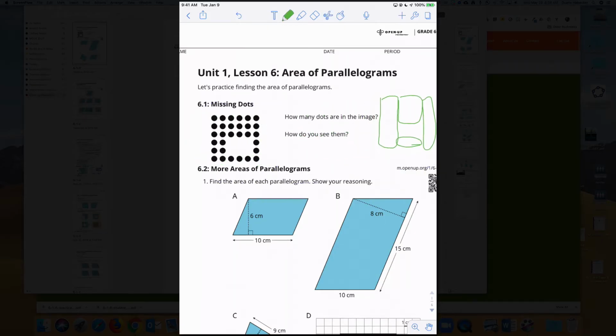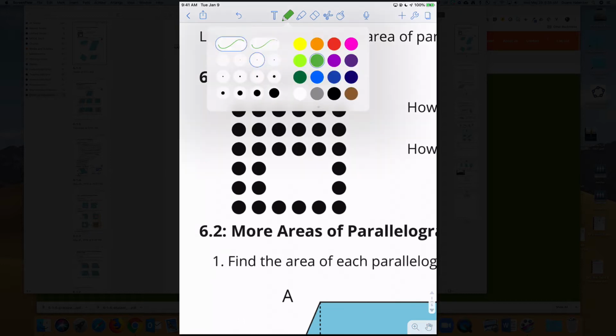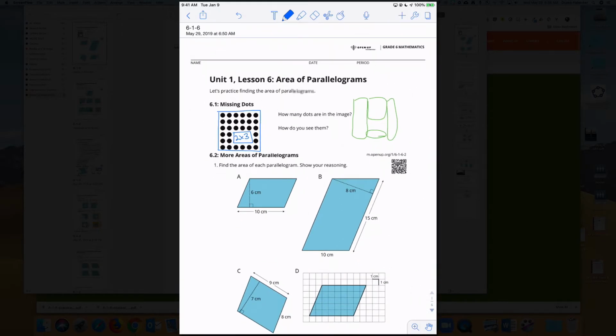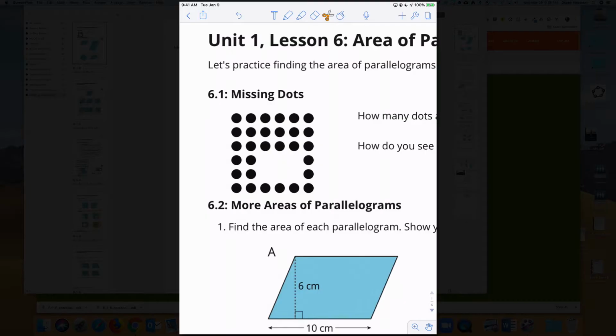Another idea that students might approach it is they might say, well, I see the entire collection of dots, but I see that we're missing this 2x3 collection of dots. So that's another way. And the idea is for students to get creative and find a bunch of different ways for how they might count all the dots in this figure.